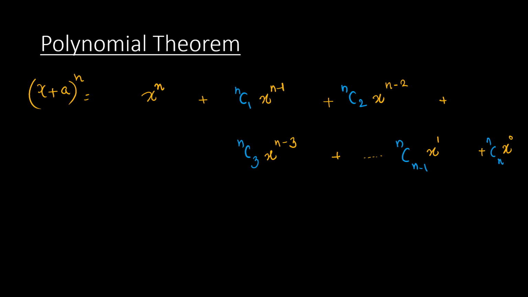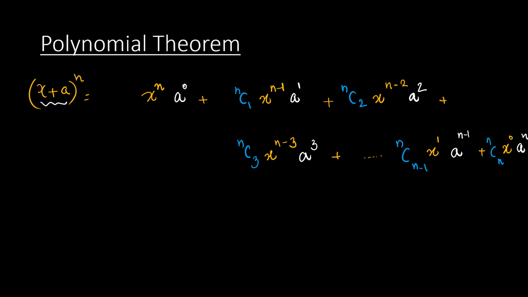Now we have one more term, what is it? a raised to 0, a raised to 1, a raised to 2, a raised to 3, etc., a raised to n minus 1, and the last term is a raised to n. This is how we expand x plus a whole raised to n.